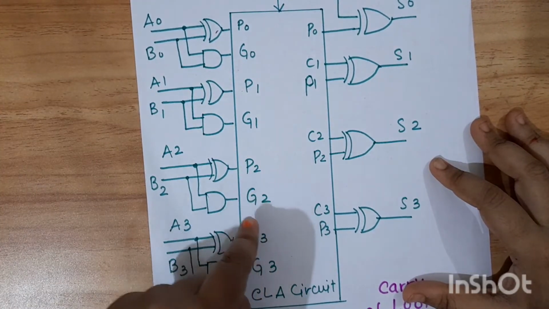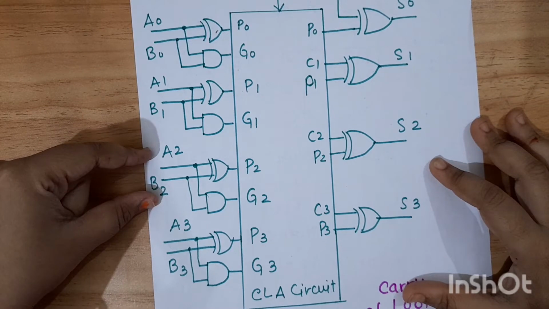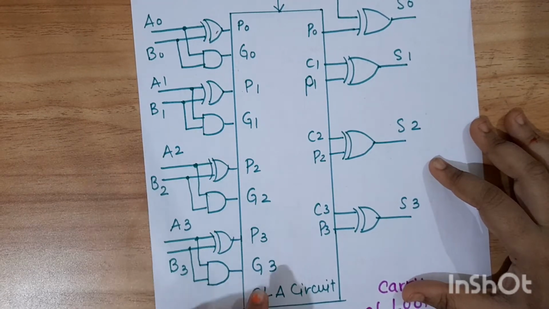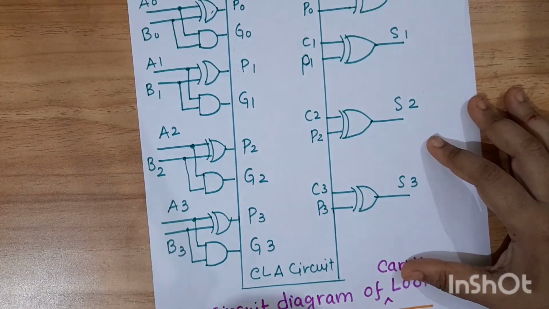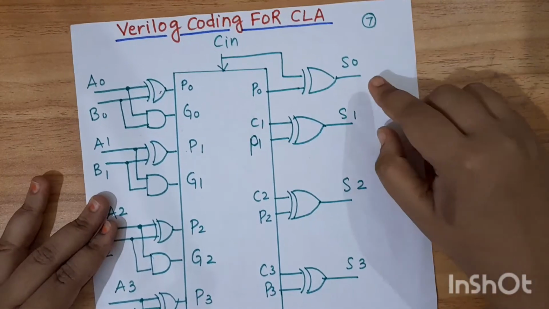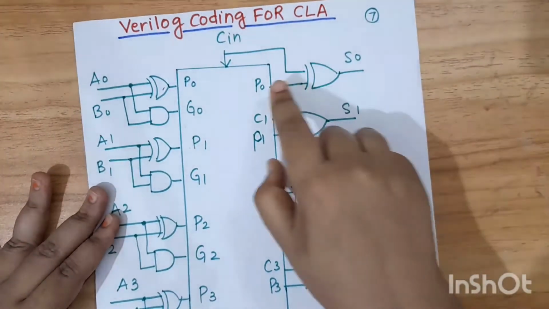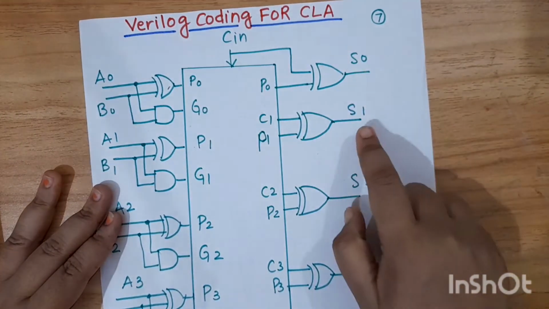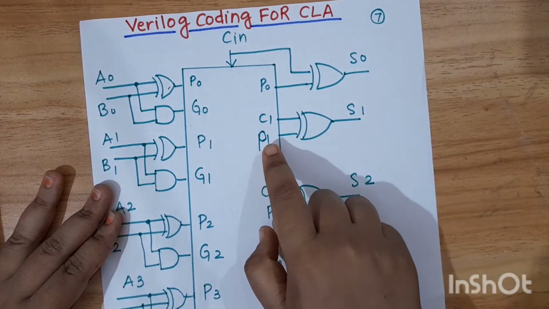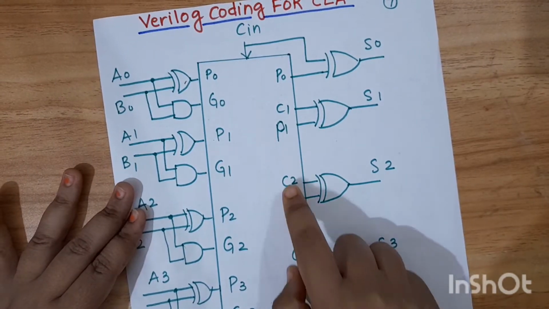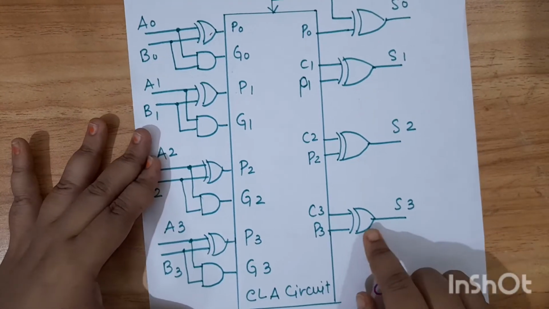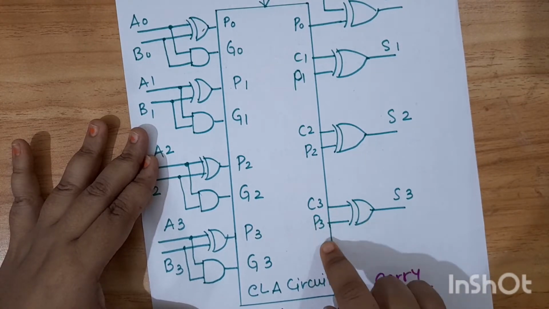Here is the propagate and generate for A2 and B2. Here is the propagate and generate for A3 and B3. And here S0, which is the XOR of P0 and Cin, S1 which is the XOR of P1 and C1, S2 which is the XOR of P2 and C2, S3 which is the XOR of C3 and P3.